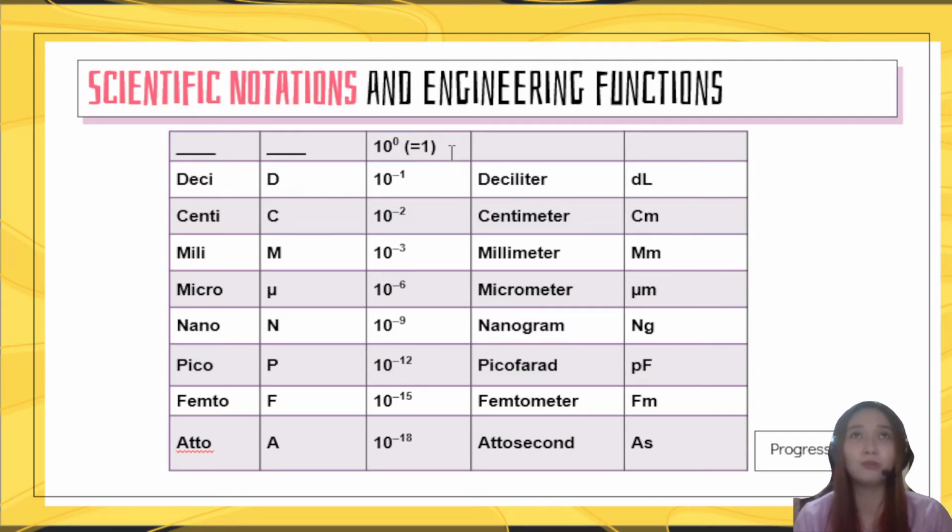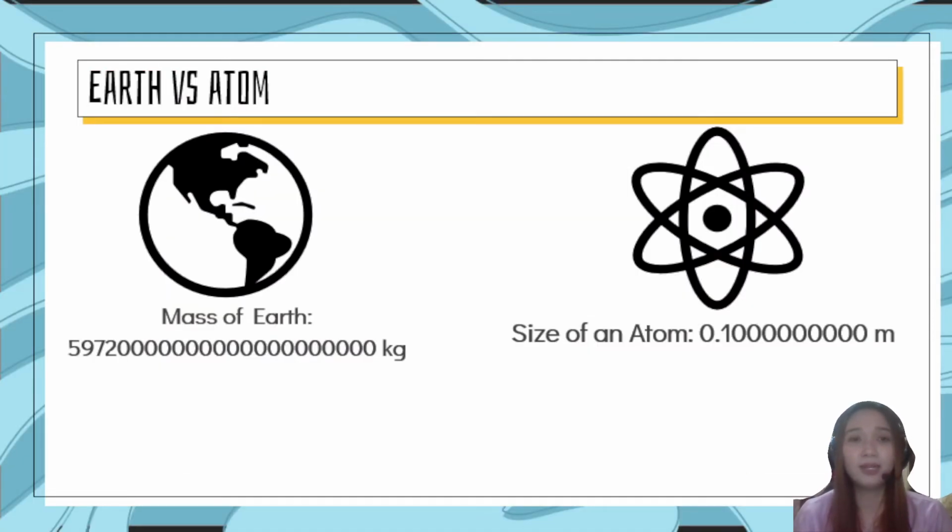So, yun po yung kung ano yung base unit ng ating major quantities. Okay? So, balikan po natin itong ating Earth and atom. Mapapansin natin, nabilang nyo ba kung ilang zero yung meron yung mass of Earth, how about yung size of atom?